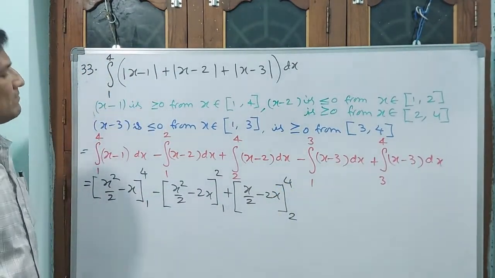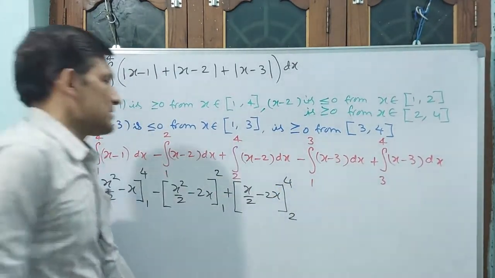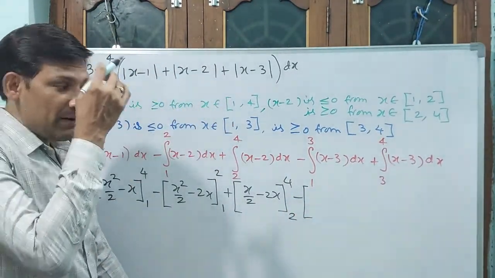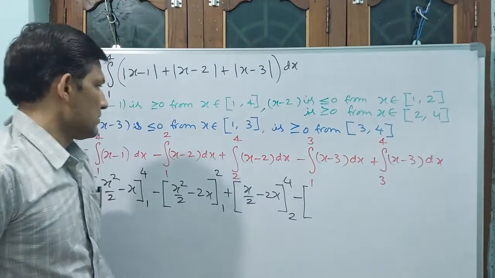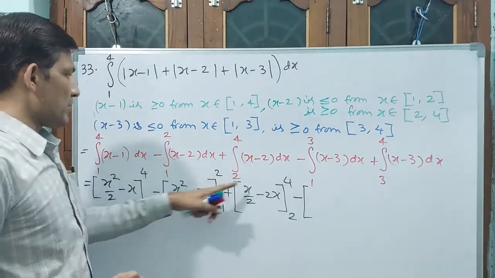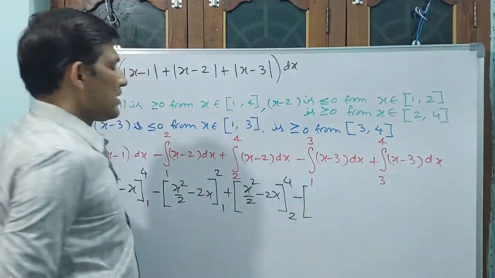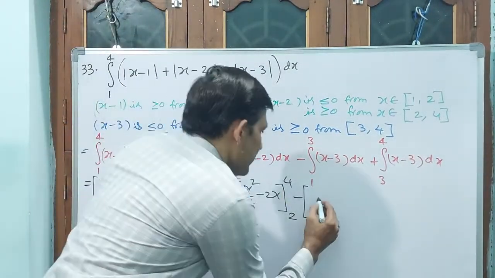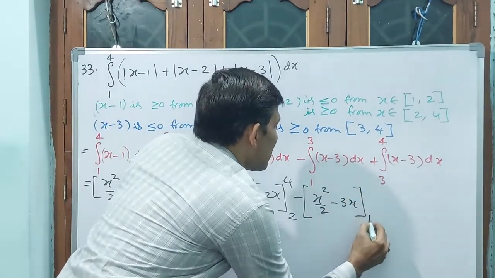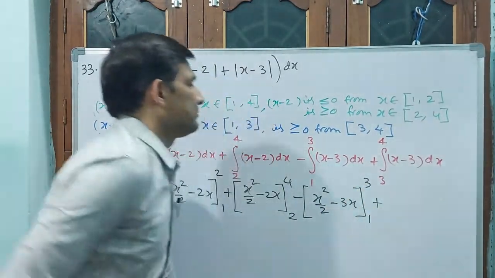Minus integral x square by 2. Sorry, this is x square by 2. Here x square we have not written. x square by 2 minus 3x, but 1 to 3, plus.